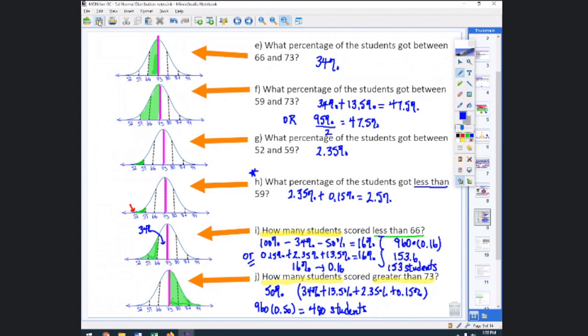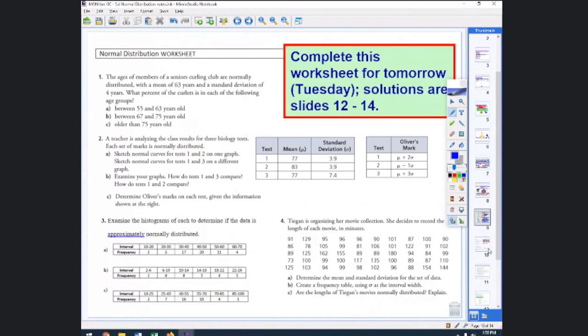Okay, so it might be something completely new to you. If you've done some science classes, maybe you've run into this before, I don't know. It doesn't matter. We're taking it from the top anyway, like you haven't seen it before. So I have a worksheet for you to work on for Tuesday.